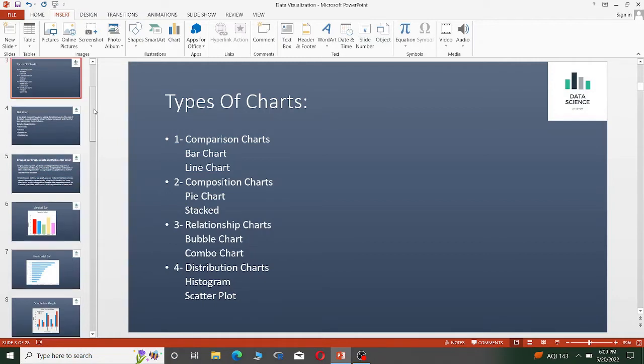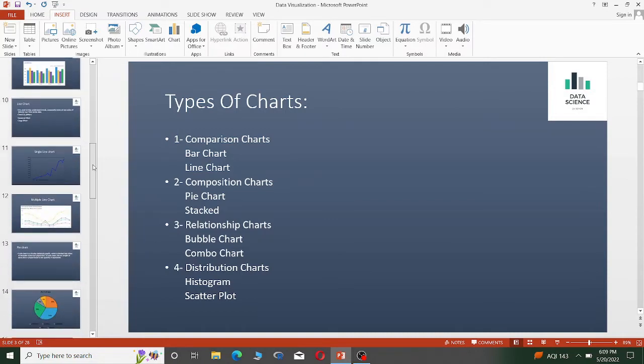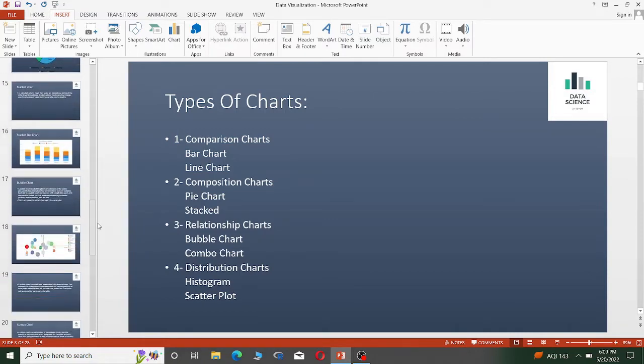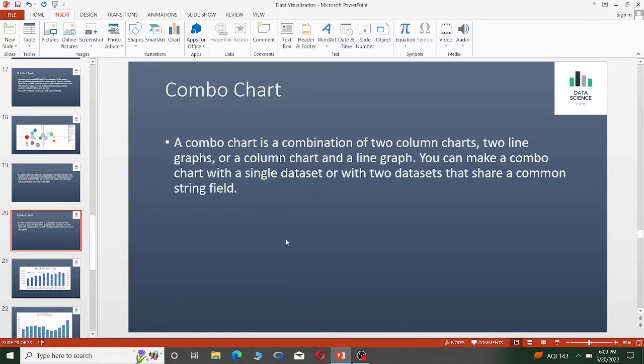The second relationship chart is the combo chart. As the name itself suggests, combo means a combination of something. It can be a combination of two column charts, two line charts, or one column and one line.